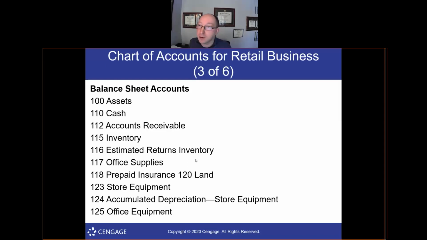We also have office supplies, prepaid insurance, and store equipment. This would be things like the folding tables at a clothing store, designed to help you fold up the clothing.